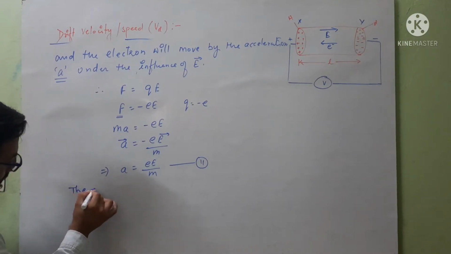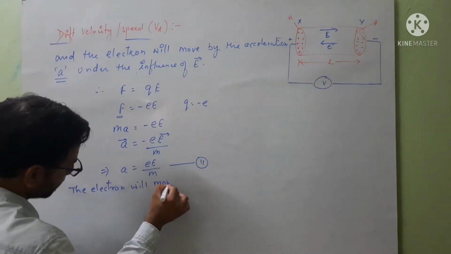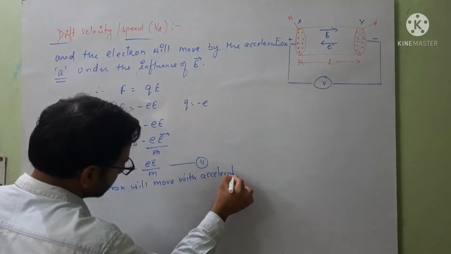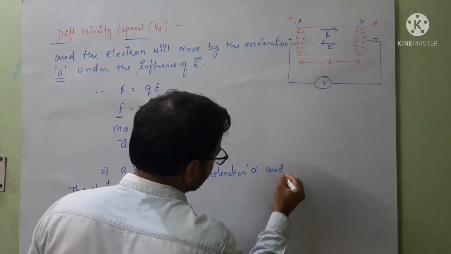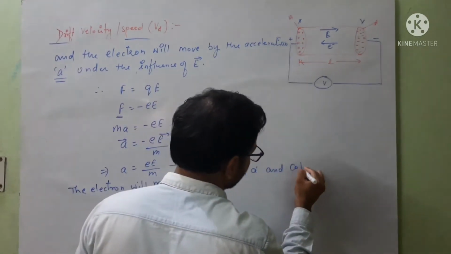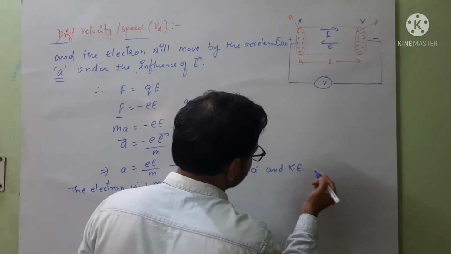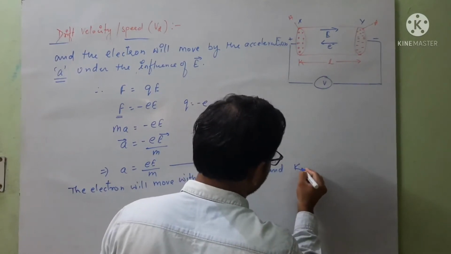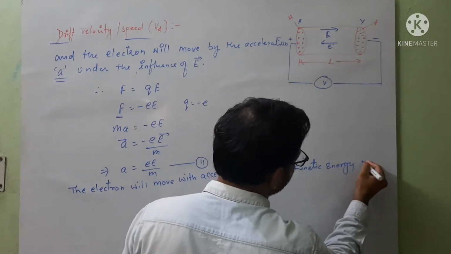The electron will move with acceleration a, and strike or collide, and kinetic energy, K suppose.